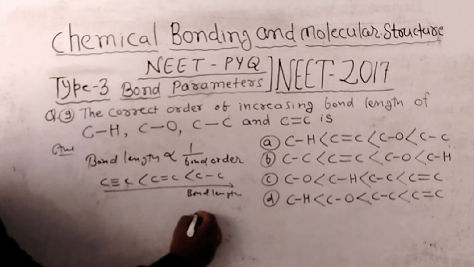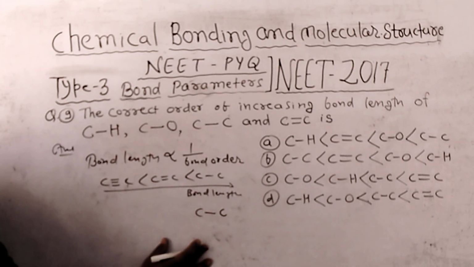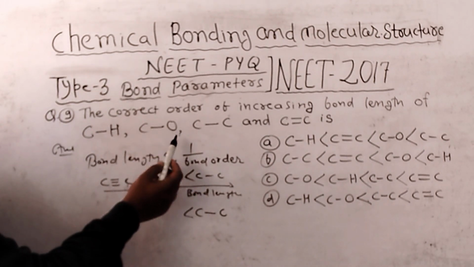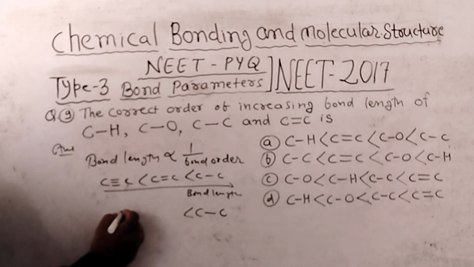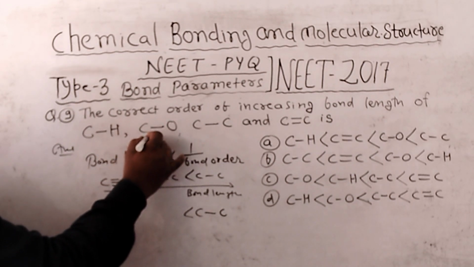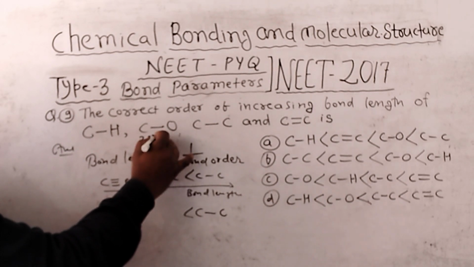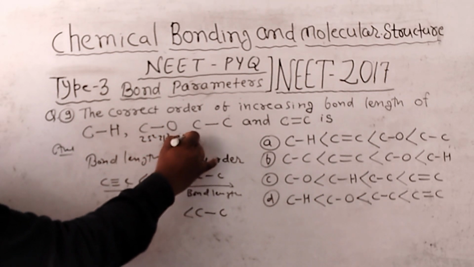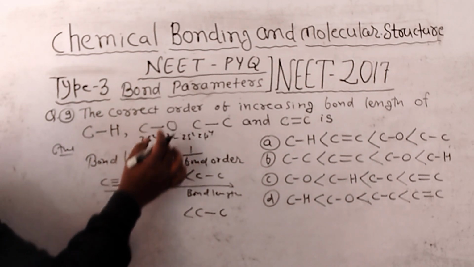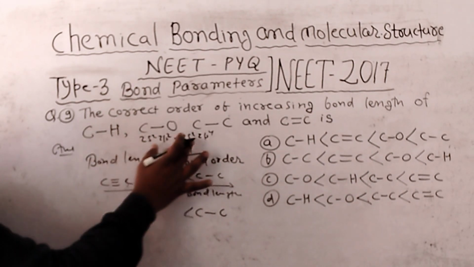bond length of C single bond C is very large. After that we can arrange C-O, because here the configuration 2s2 2p2 and 2s2 2p4, so bond length is large.